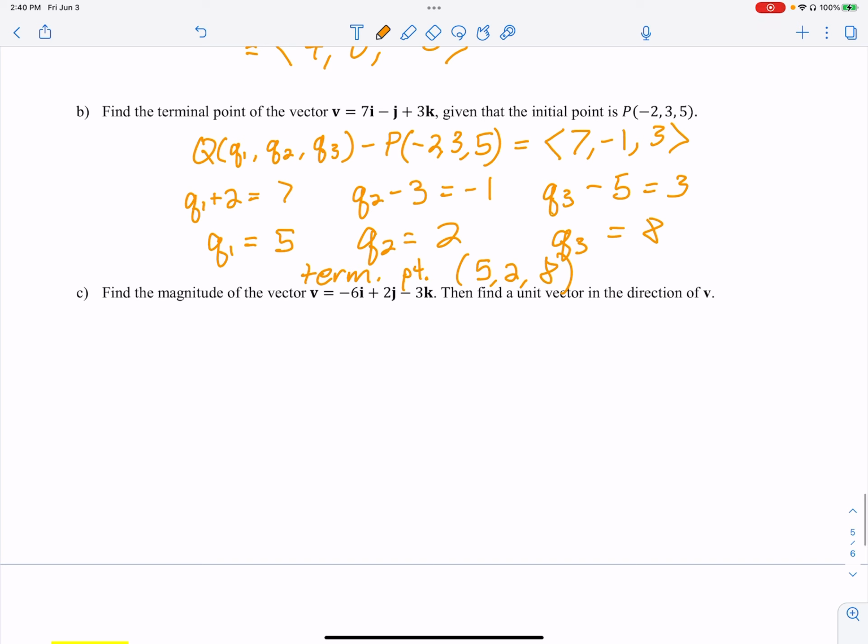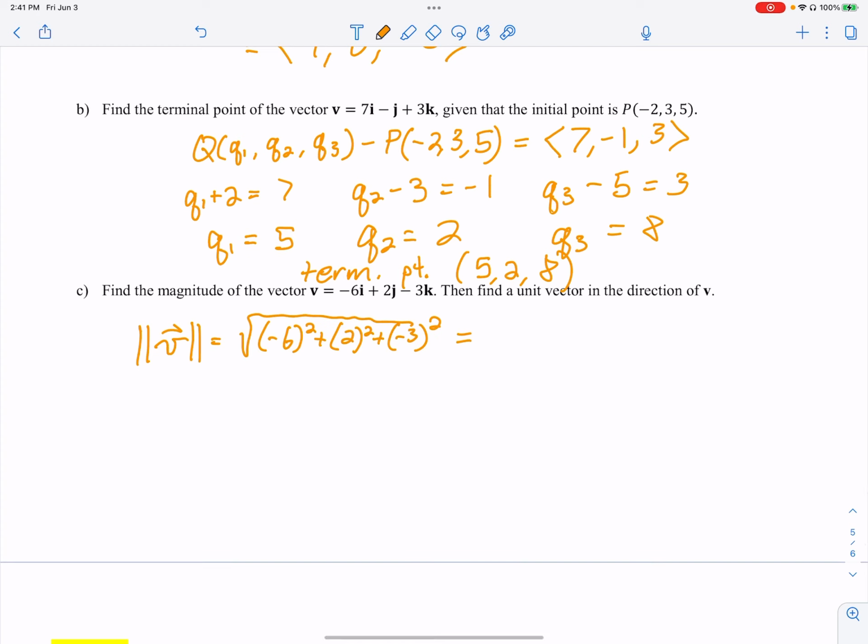All right, one more here. It says find the magnitude of that vector, then find a unit vector in the direction of v. Okay, so first I need to find the magnitude of v, which is the square root of the sum of the square of the components. So I got negative 6 squared plus 2 squared plus negative 3 squared. All right, this turns out to be, if you work all that out, you get 7, thankfully.